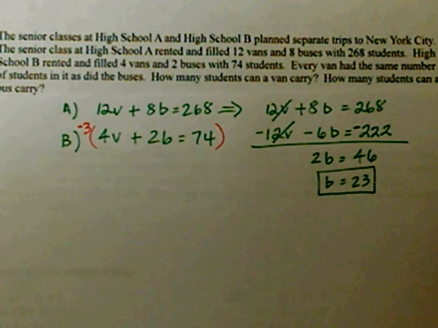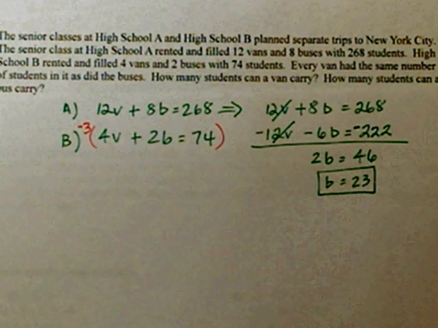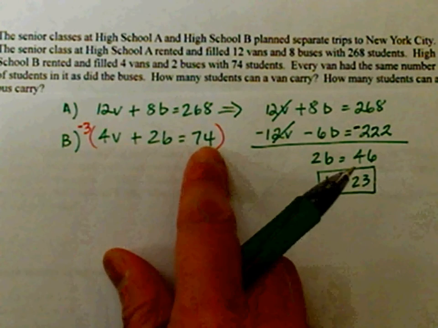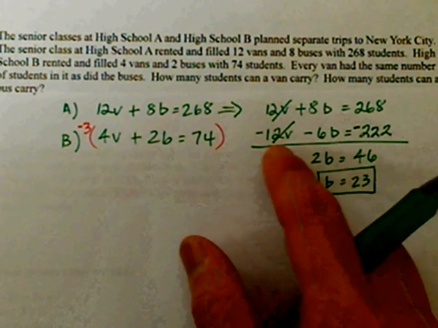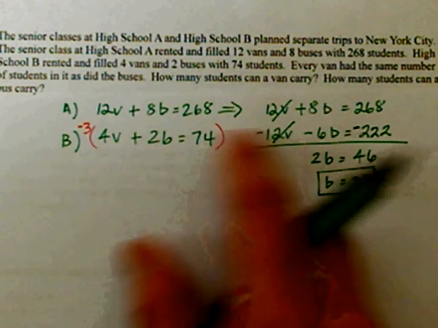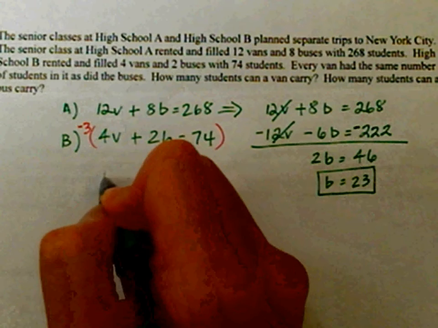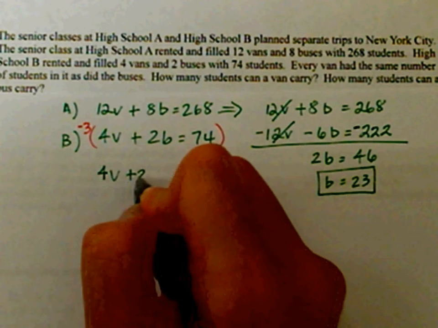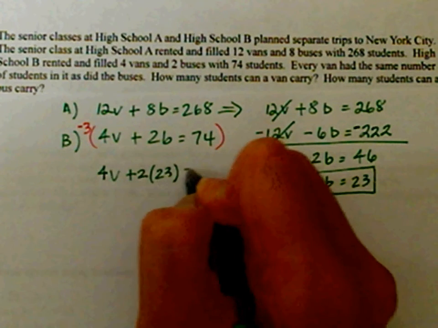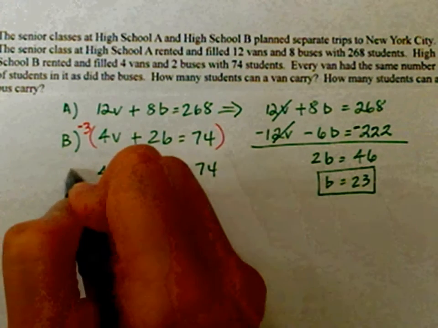To find how many would be on the van, you can plug into the original here, or even the one that you've worked out. I like to plug into my original, especially the smaller one. Okay? So you got 4v plus 2 times 23 equals 74. So I am substituting.